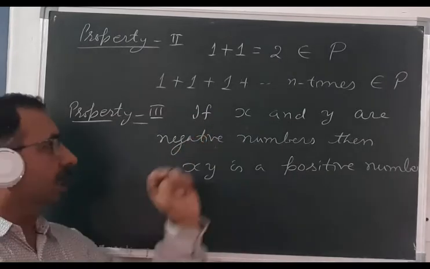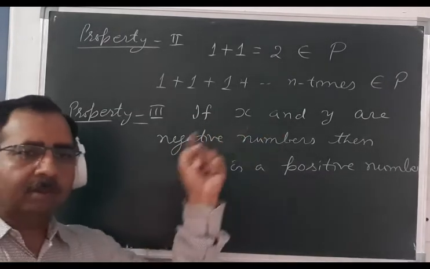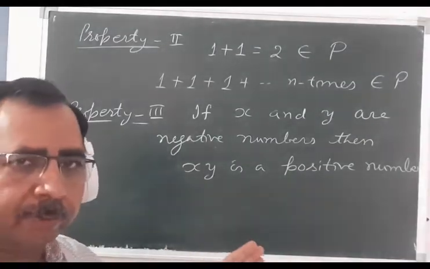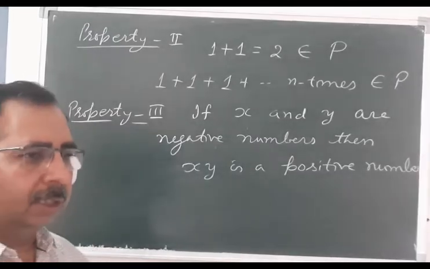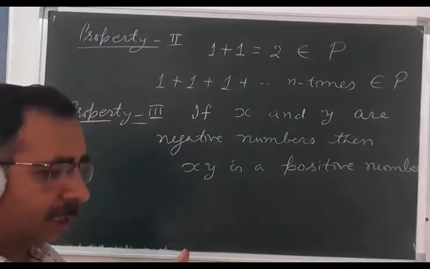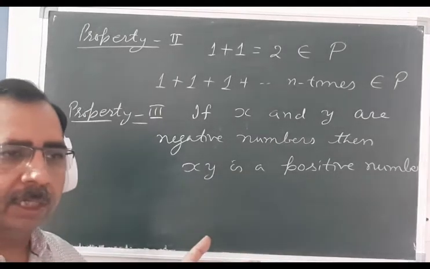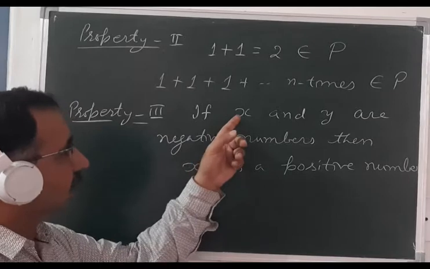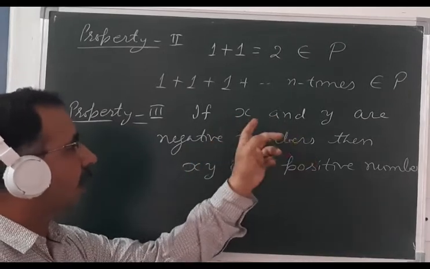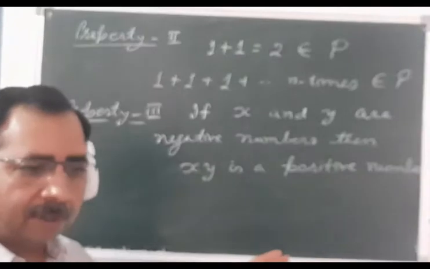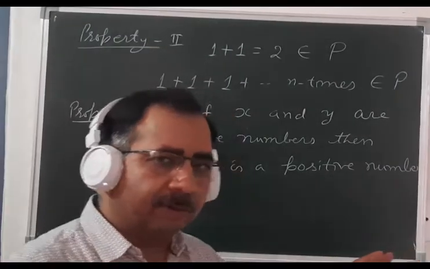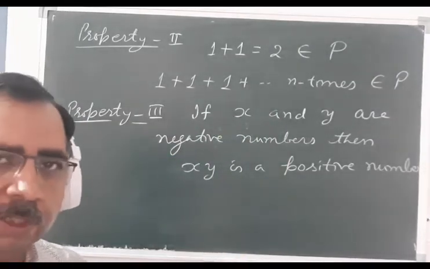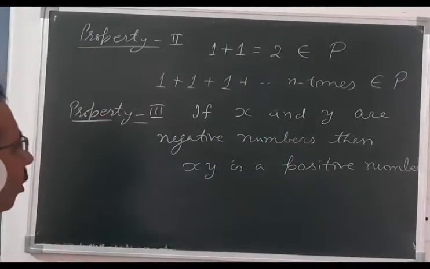So X, Y are negative numbers. Negative means X, Y are not elements of P. So if a real number is an element of P, I will call that number a positive number. If it doesn't lie in P, then it will be either 0 or a negative number. It means their additive inverses are elements of P. If X is a negative number, it means its additive inverse minus X is an element of P. Y is a negative number, it means its additive inverse minus Y is an element of P.